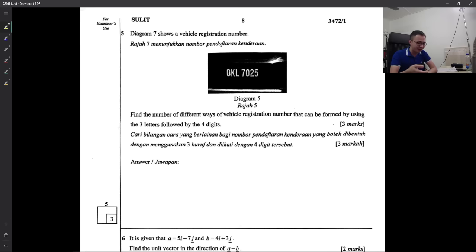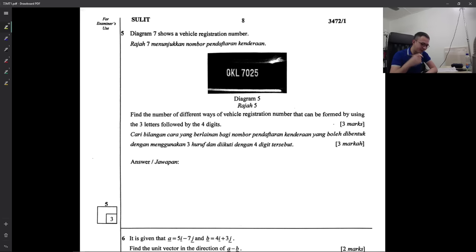I believe this kind of vehicle registration number you see every day, maybe on your father's car, or on the road. So we actually know what the car numbers look like.